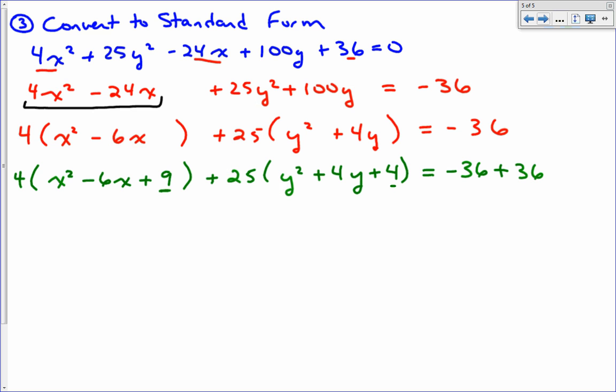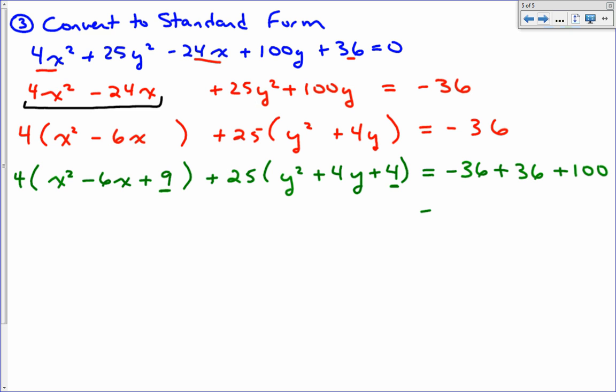I added this 4 here, but that 4 is multiplied by 25 outside the brackets. So really I've added 25 times 4, so I need to add 100 on the right side. Now everything I've done to the left has been balanced by adding these two numbers on the right. So now we can simplify both sides here.